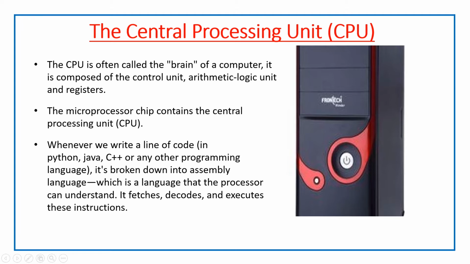The CPU fetches the instruction, then decodes the instructions, and after that it executes the instructions. So what is the work of the CPU? Firstly it fetches the instruction. After fetching the instruction, it decodes the instruction, and after decoding it executes those instructions. So this is the function of CPU.